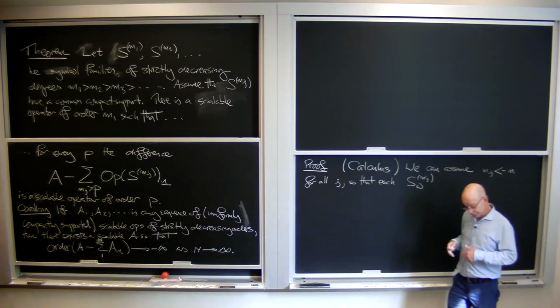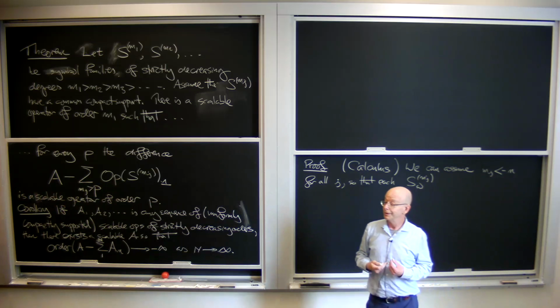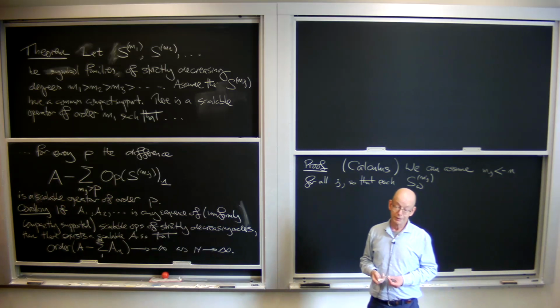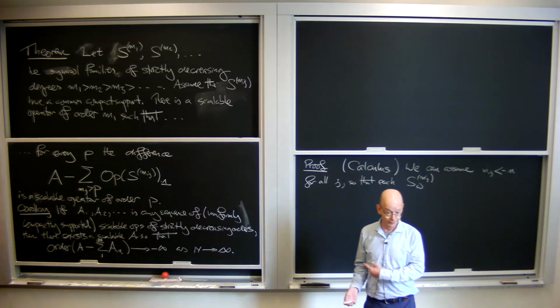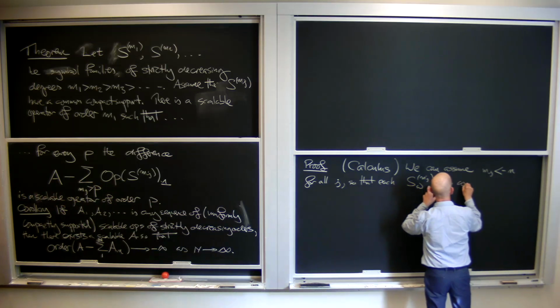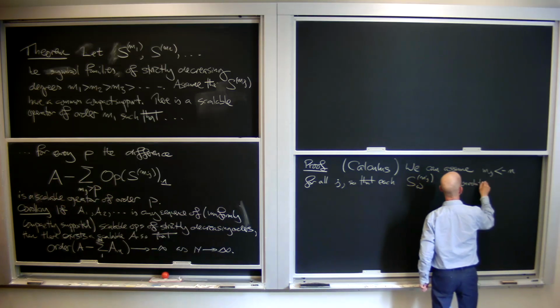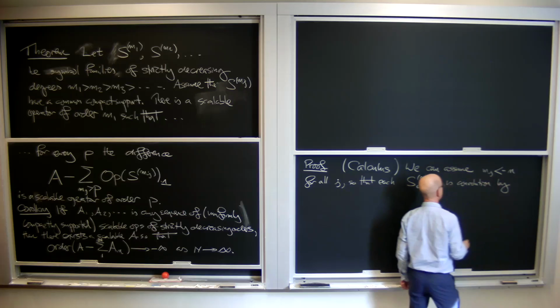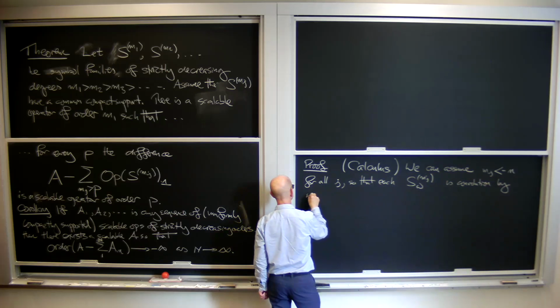So it's given by a continuous integral kernel k(x,y), but the k(x,y) is translation invariant, so I can really write k(x,y) as some function little s of x minus y, and that's what I'm going to do here. Each of these is a convolution by some continuous function.